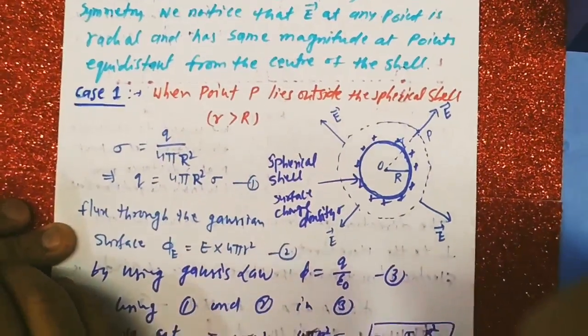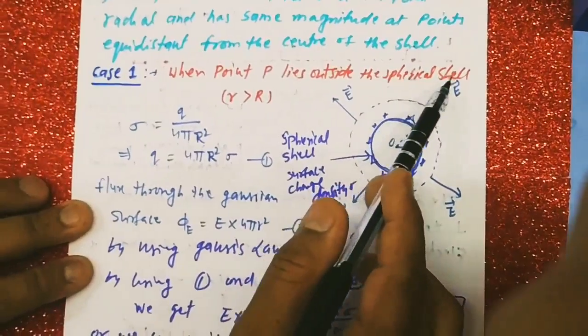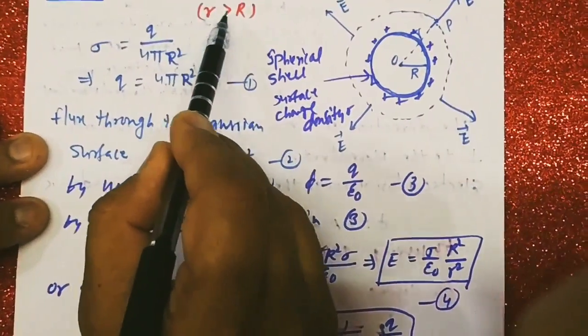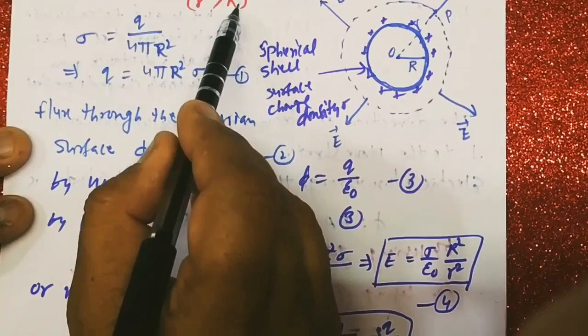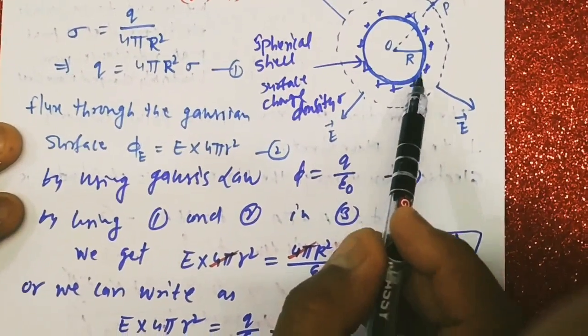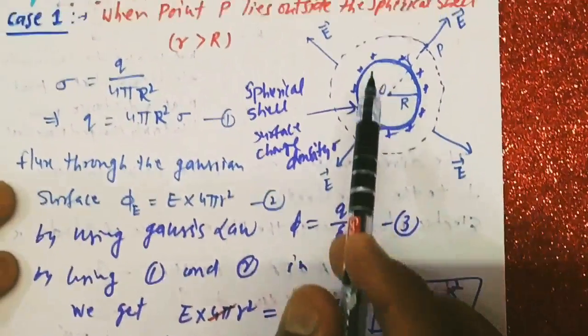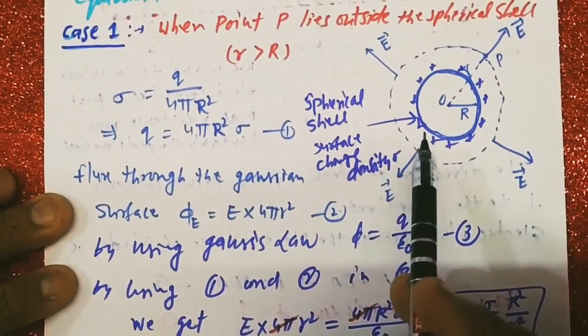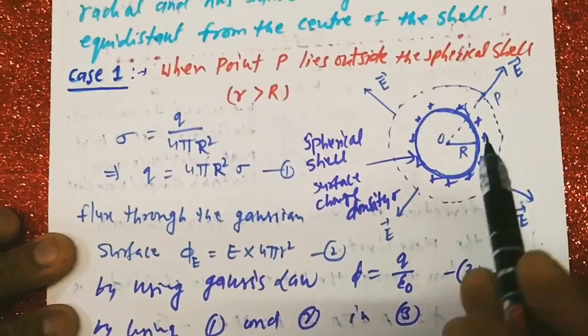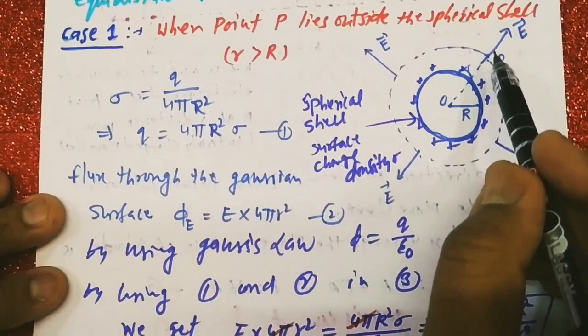Here we discuss three cases. Case number 1, when point P lies outside the spherical shell, meaning r is greater than the radius of the spherical shell. In this diagram, this is our spherical shell on which charge is distributed and its surface charge density is sigma. Our point P lies outside the spherical shell.